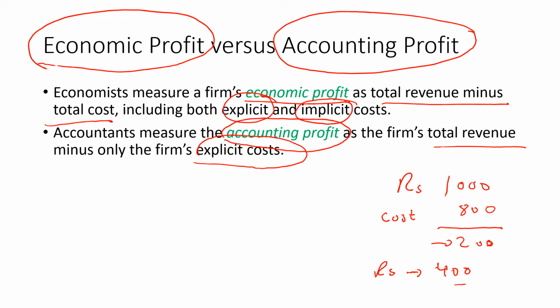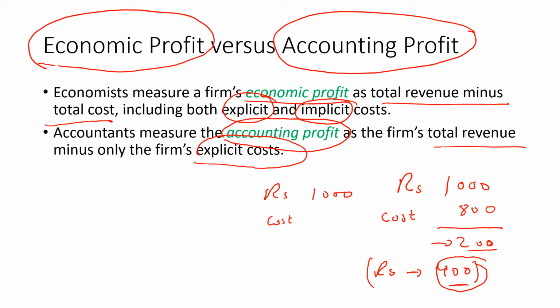Obviously, if he worked somewhere else, that opportunity was much better than doing the business here. As an entrepreneur in the firm, he is earning less than he could earn by doing that job. So we include this 400 as implicit cost in our calculation, and Rs 1000 is his revenue.